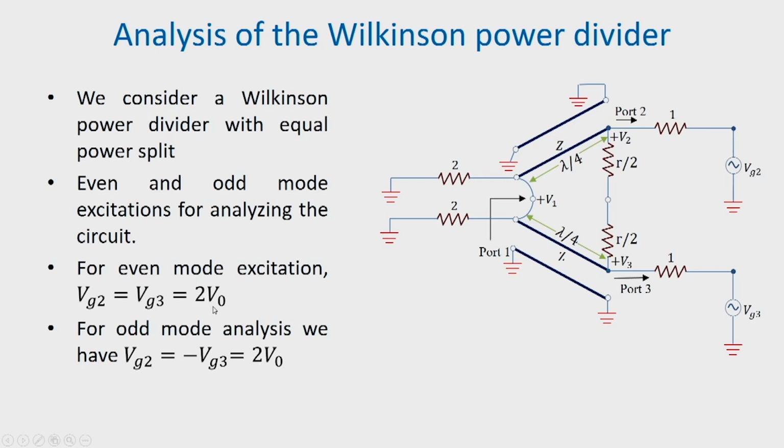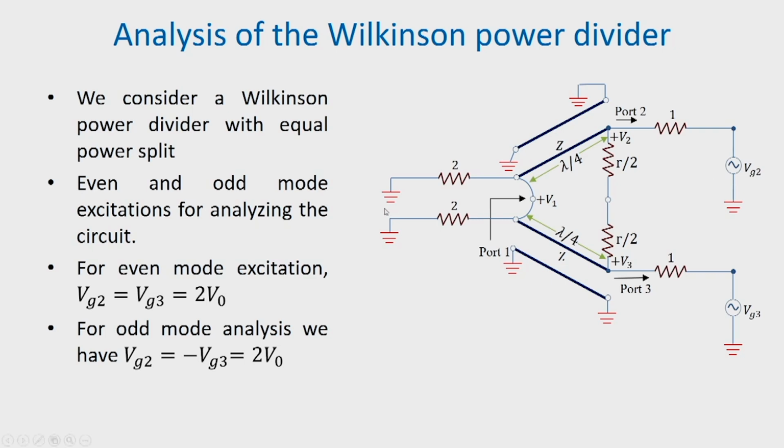In the even mode, because the excitation at these two ports is the same, no current will flow through this branch, and we will have an open circuit condition created here. For the odd mode analysis, Vg3 will be minus 2 V naught and Vg2 will be plus 2 V naught.